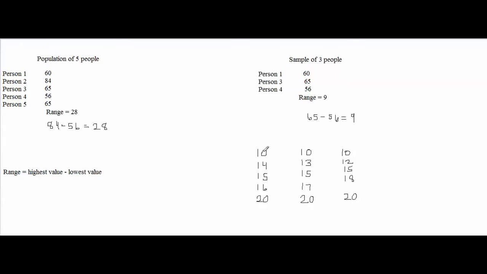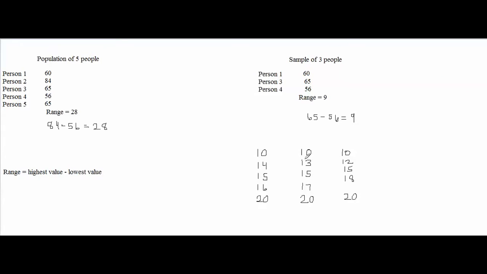Let's think about which set of numbers has the lowest dispersion and which set of numbers has the highest dispersion. Well, these three numbers are close together. They're only 1 apart.